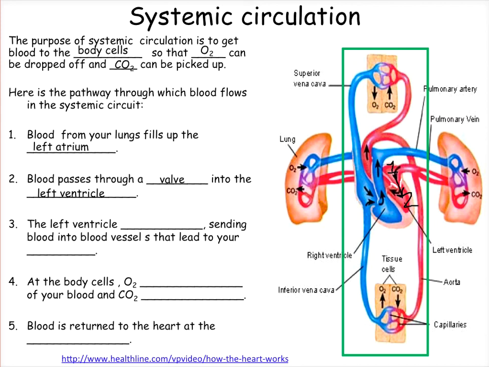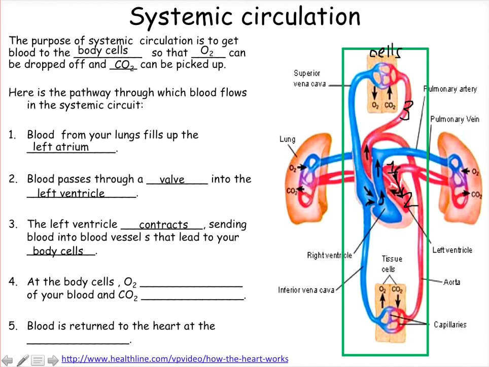When the left ventricle is full, the left ventricle will contract, and it's going to send that blood into blood vessels that lead away from the heart and to your body cells. So we can see that here. They've split it up into body cells. These things up here that look like rectangles are supposed to represent cells of your upper body.